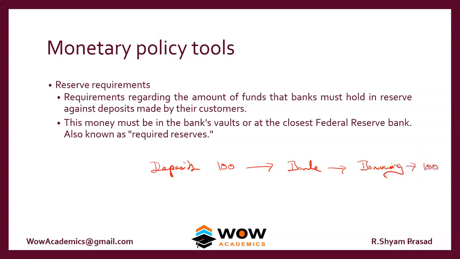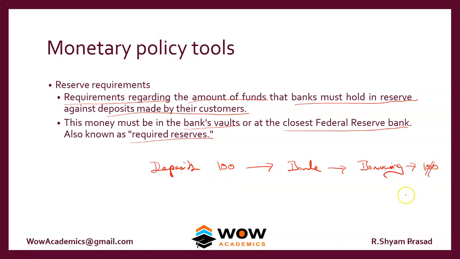What happens is the bank creates a kind of reserve here. These are requirements regarding the amount of funds that banks must hold in reserve against deposits by their customers. This money must be in the bank's vaults or at the closest Federal Reserve Bank, also known as required reserves.